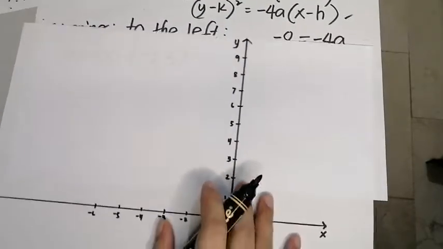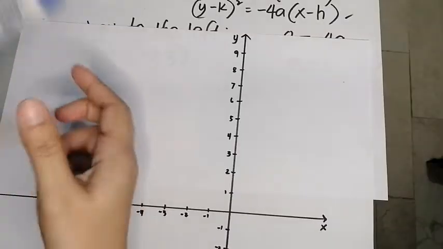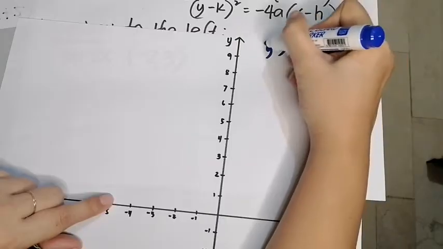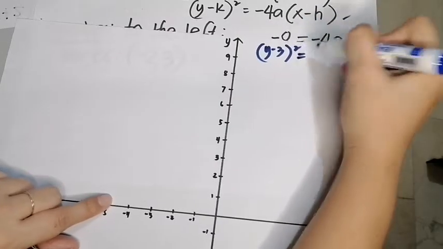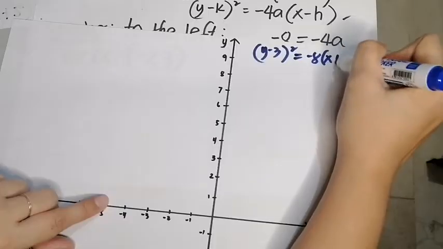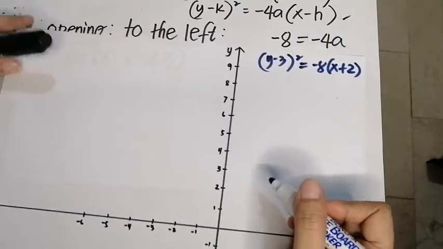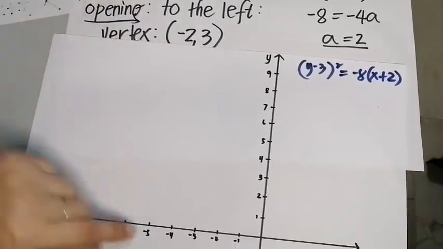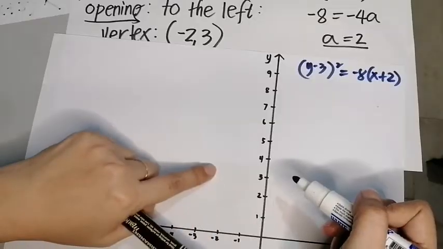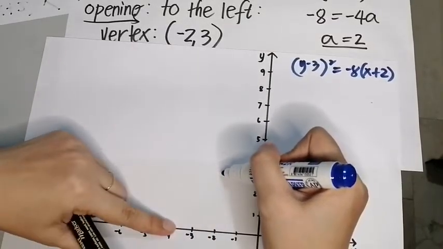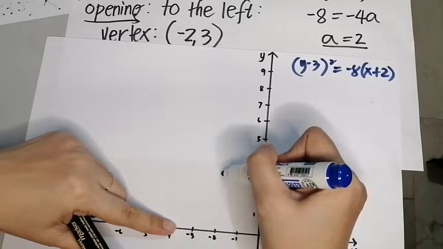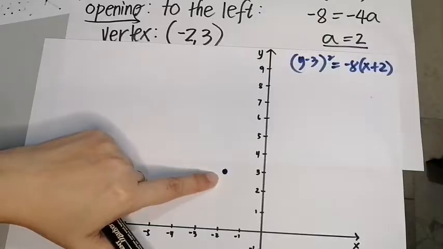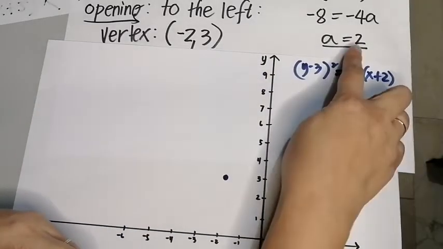Again, the equation of the parabola, let me write it here: (y minus 3) quantity squared is equal to negative 8 times (x plus 2). The vertex is at (negative 2, 3). Let's just be resourceful with our graphing paper. So this is the vertex, (negative 2, 3), and the value of a is 2.